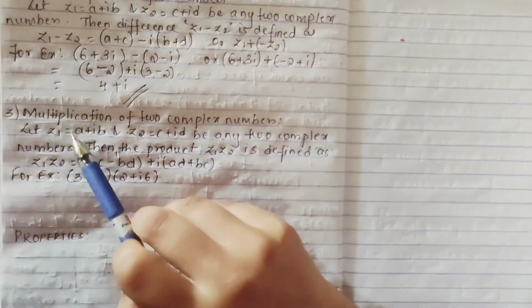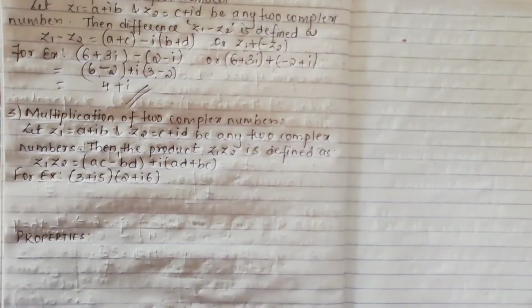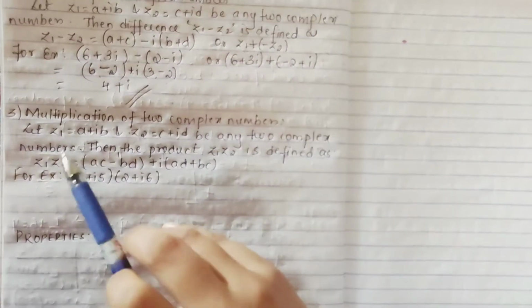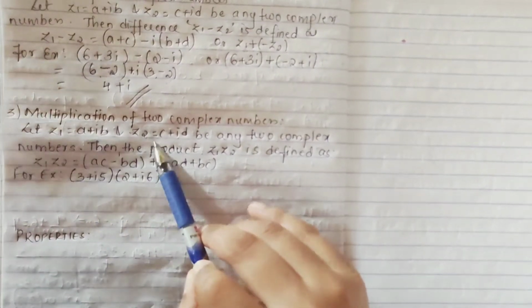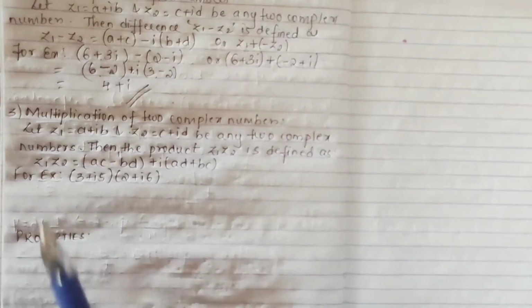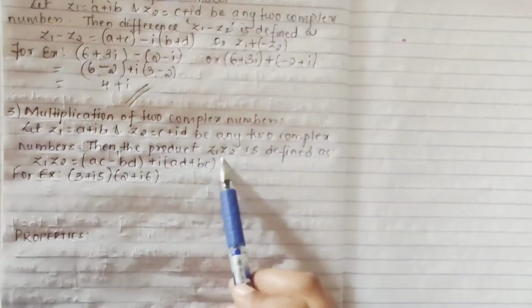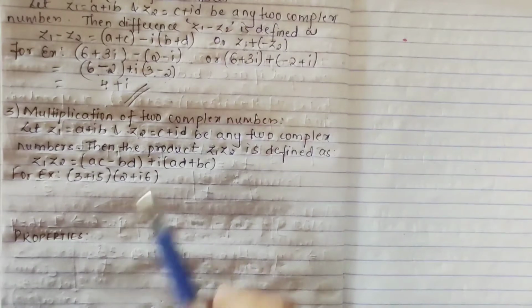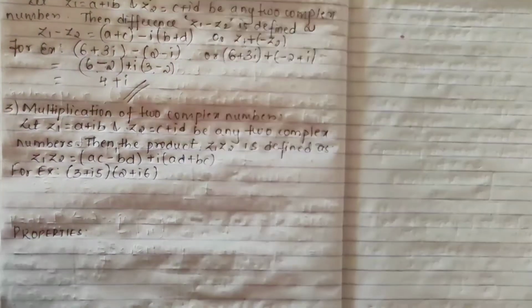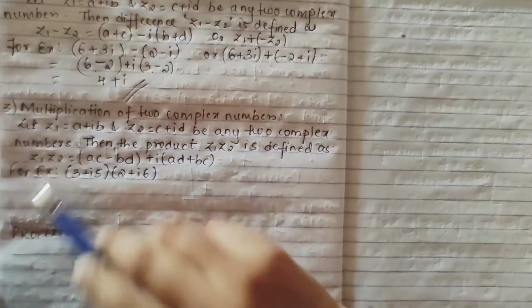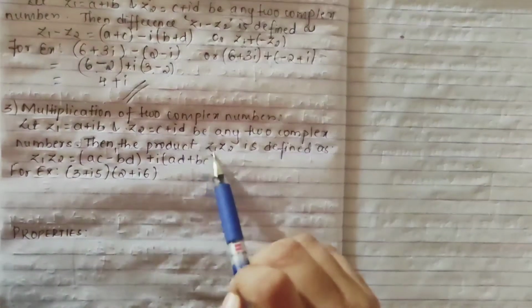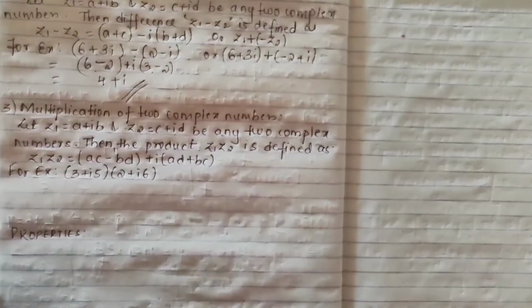So next is the multiplication of two complex numbers. Same definition: z1 is equal to a plus ib, z2 is equal to c plus id, be any two complex numbers. How do we find the product z1 into z2?